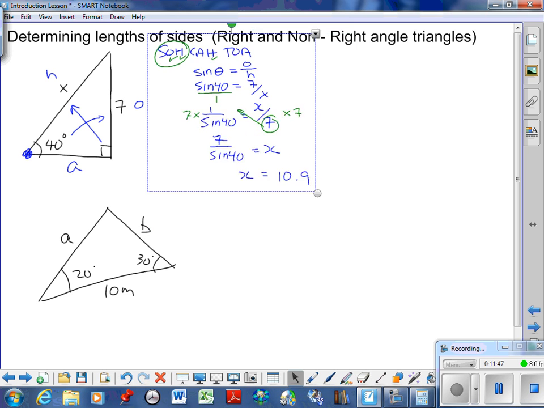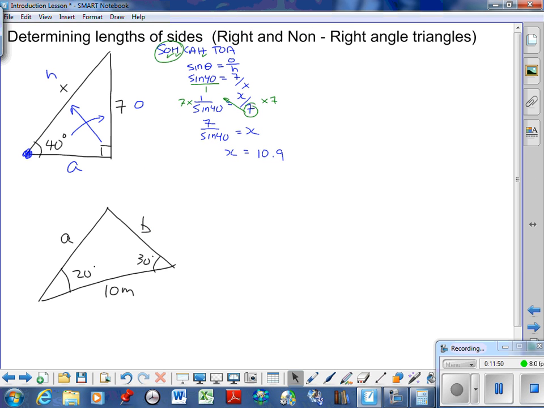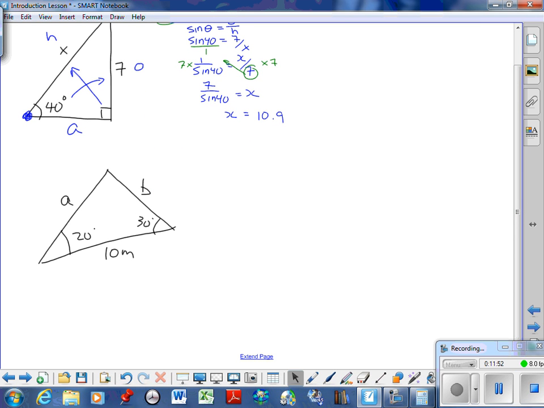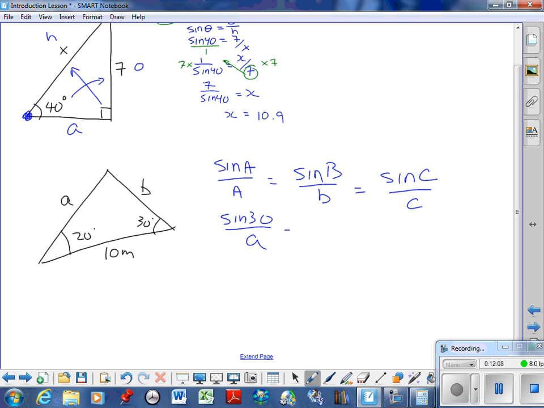And the last one here, I see that I have the correct information to use sine law. So I would have sine A over A, sine B over B, and sine C over C. Plugging in my information, sine 30 over A equals sine 20 over B, and 180 take away 50 is 130, so sine 130 divided by 10.